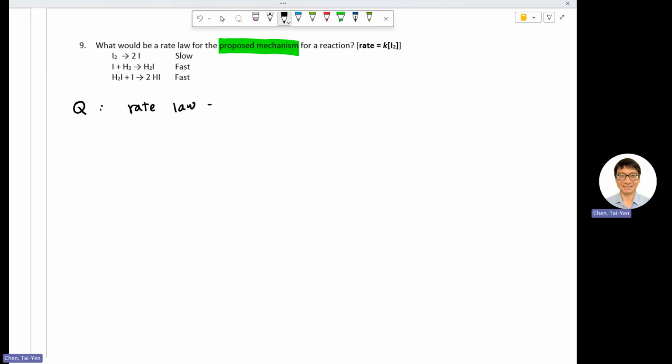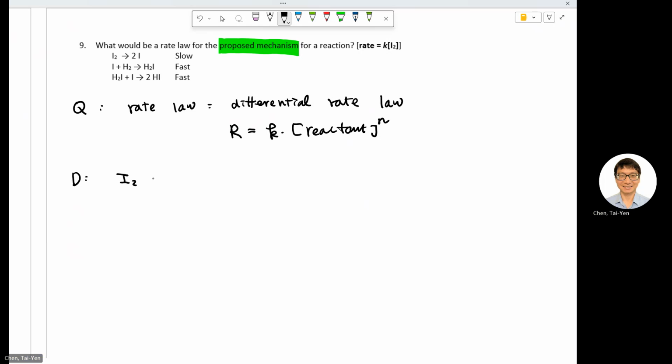When we say the rate law here, to make it more clear, it is the differential rate law, which is going to take a form like rate equals rate constant k times reactant to a certain power. So that's something that you know. Then the data: you have 3 elementary steps.